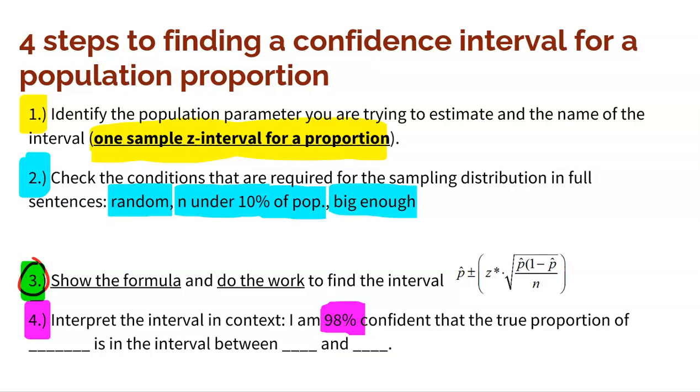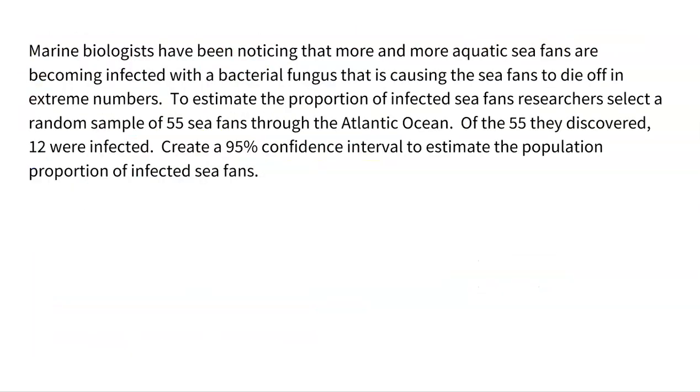All right, so let's just dive into an example so you can see how I do all 4 of these steps in a hurry. Marine biologists have been noticing that more and more aquatic sea fans are becoming infected with a bacterial fungus that is causing the sea fans to die off in extreme numbers. To estimate the proportion of infected sea fans, researchers get a sample of 55 sea fans.